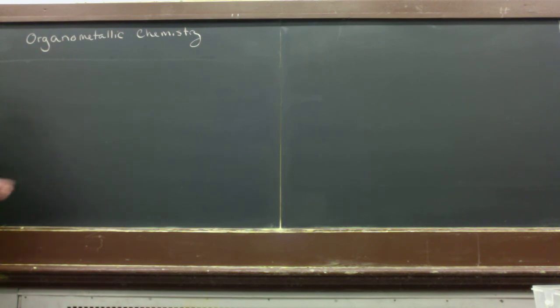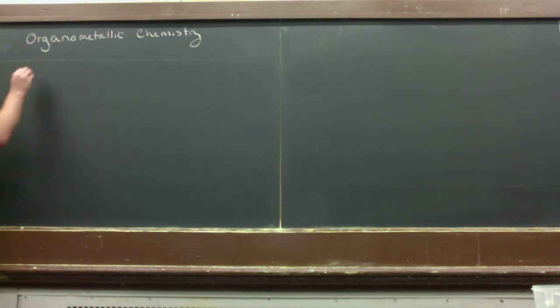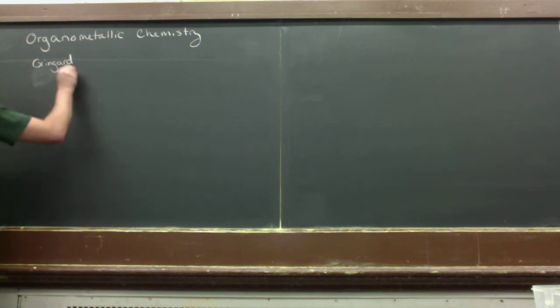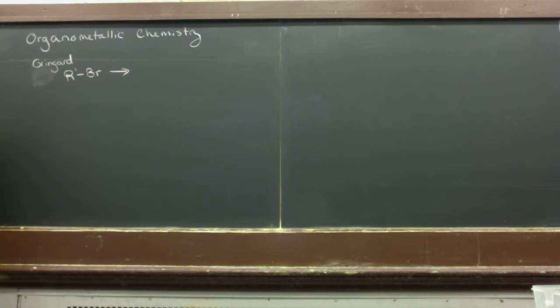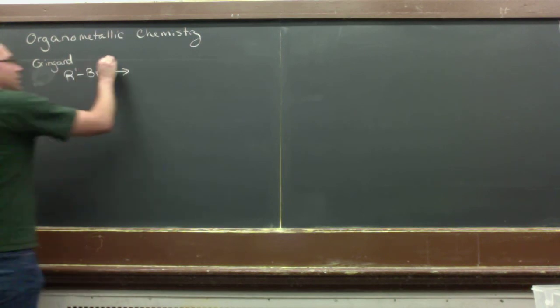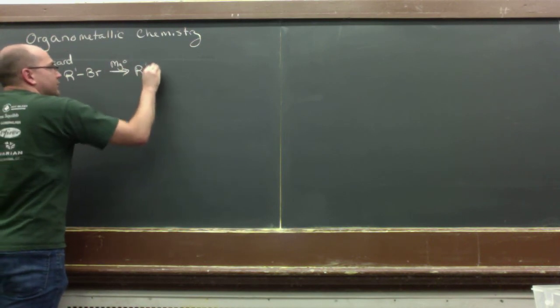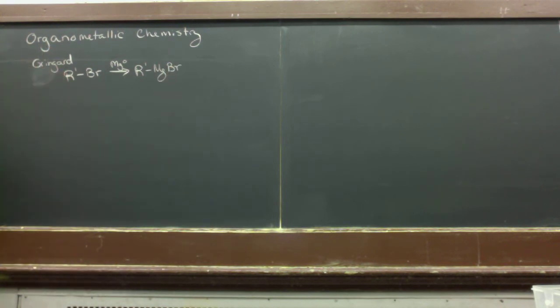And trying to think of the first example that we saw, I don't remember which one was the first, but one that you all know pretty well by this point, right, is the Grignard, which would certainly classify as an organometallic process, right? This is where you would take, say, for example, R1 and a halogen, right? You take that and you treat that with magnesium and make what we would refer to as a Grignard reagent, right?